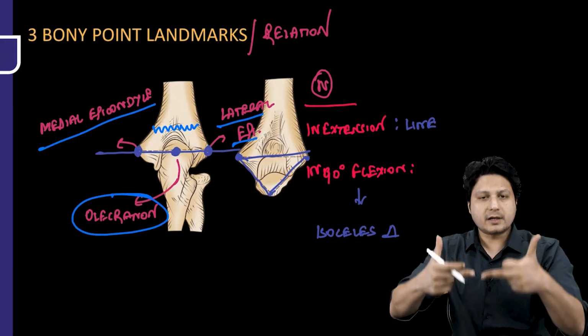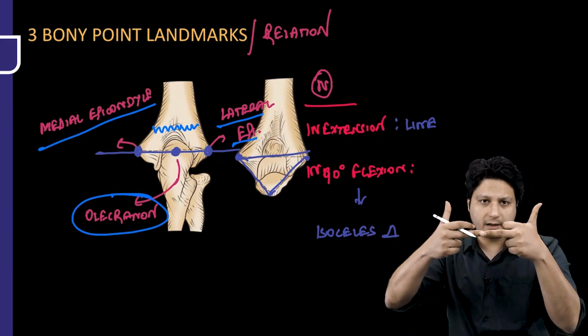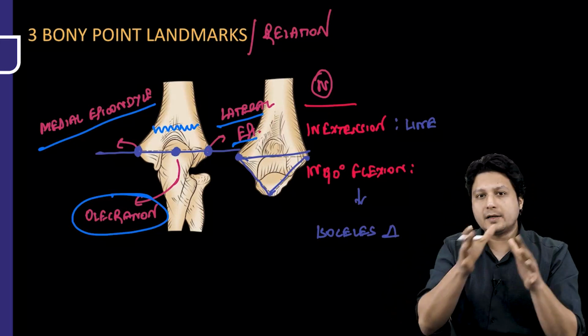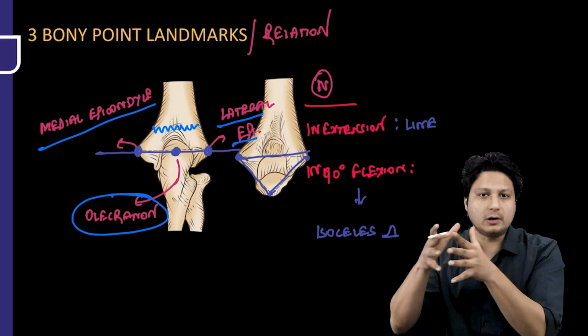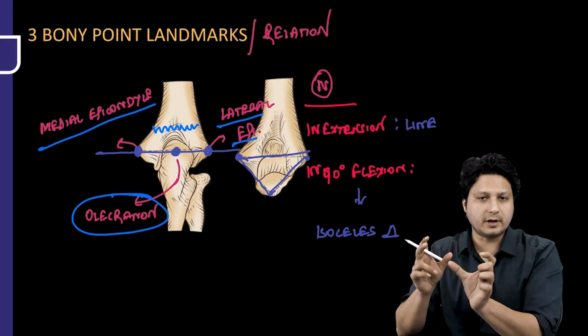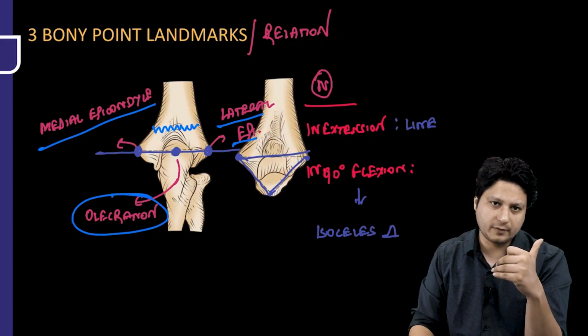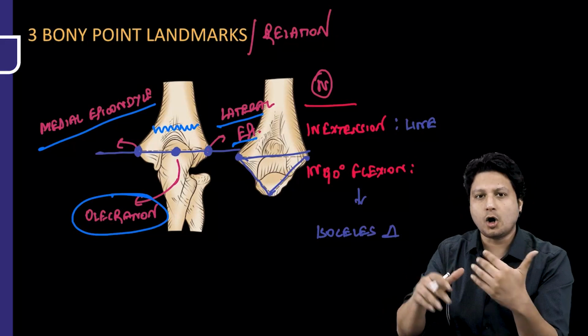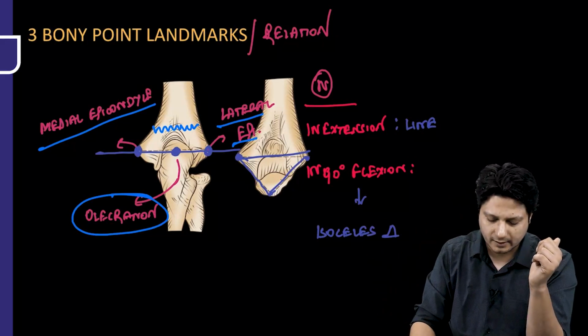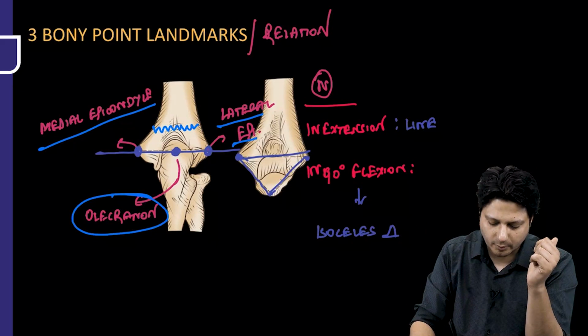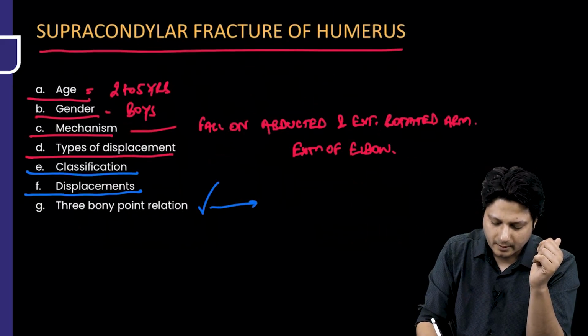The fracture is happening above the level of the epicondyles. So will it be disturbed or unaltered? The three bony point relationship is not going to be affected in supracondylar fractures, whether it is a fresh fracture or a malunited fracture. So three bony point relationship is maintained in supracondylar fractures of the humerus.